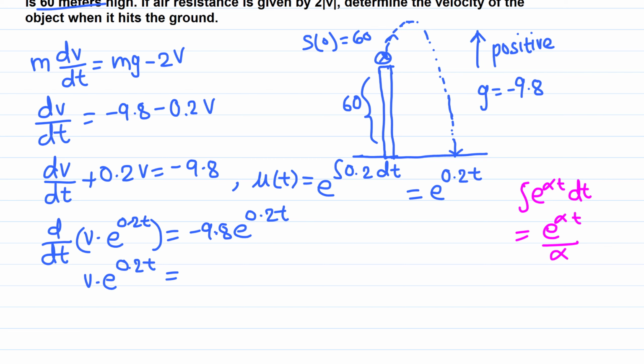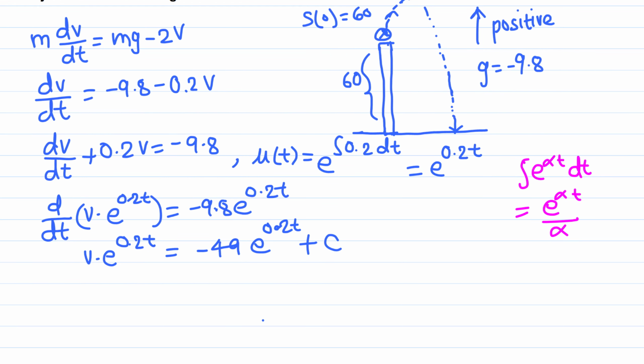So we divide by 0.2, and that becomes negative 49 e raised to 0.2 t, plus the constant of integration.